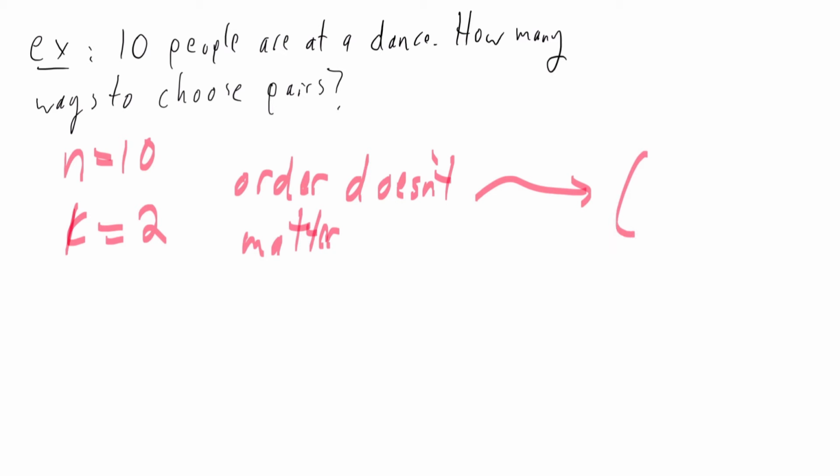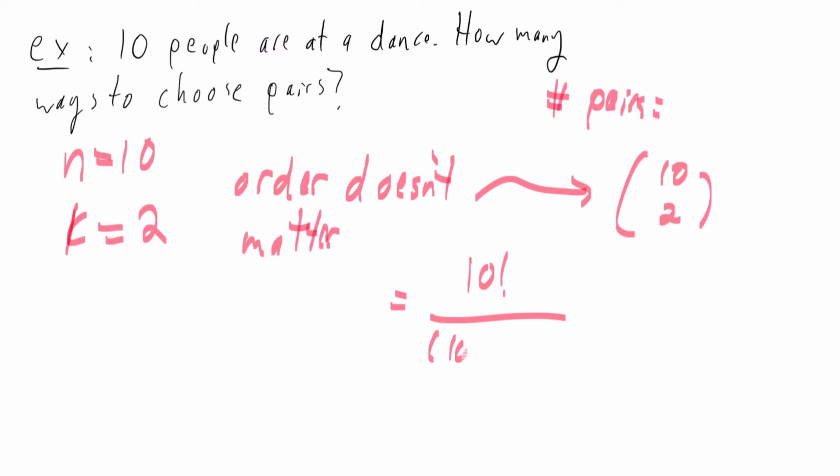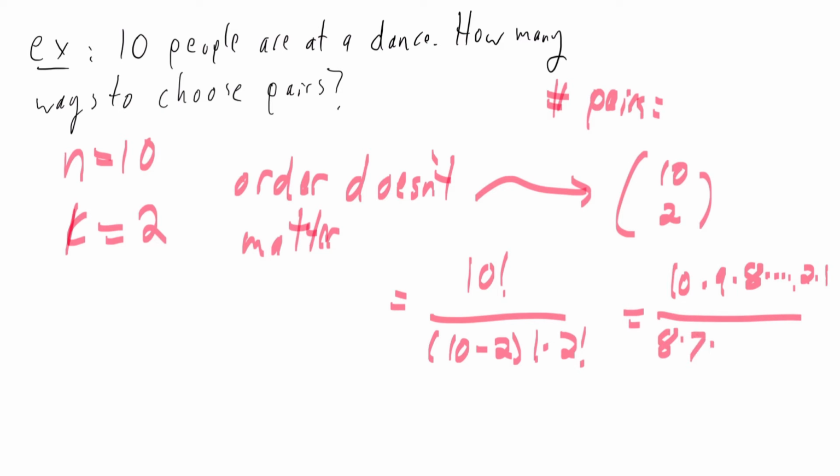So I get the number of pairs is equal to 10 choose 2, which is 10 factorial over 10 minus 2 factorial times 2 factorial. So 10 times 9 times 8, and so on, over 8 times 7 times 6, and so on, times 2.